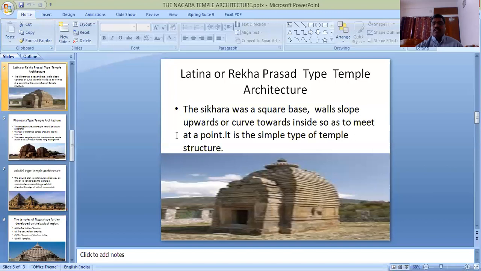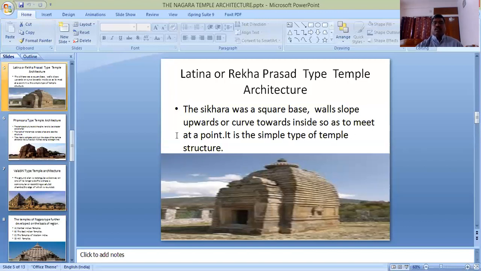Latina or Rekha Prasad type temple architecture is related with the shikhara with a square base, and its walls slope upwards or curve towards the inside so as to meet at a point.